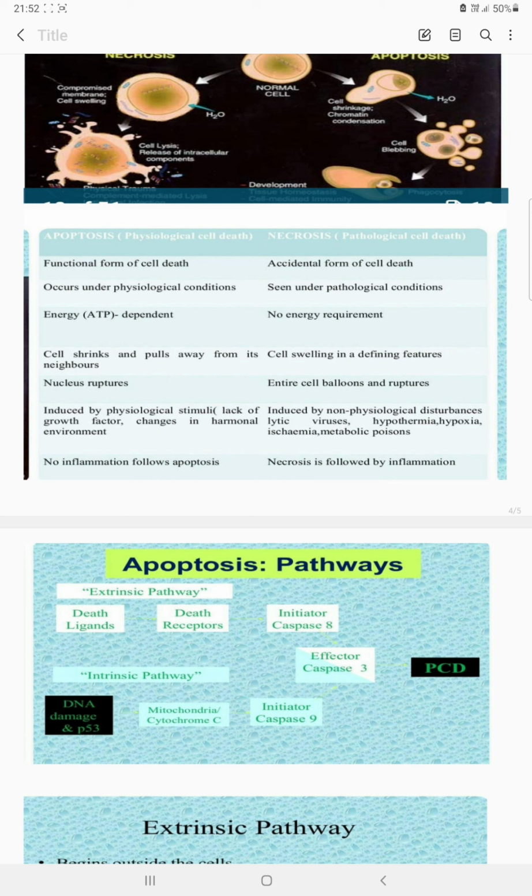In necrosis, whatever is inside the cell, the nucleus, chromatin, DNA, RNA, undergoes lysis and is damaged, whereas in apoptosis the cell shrinks.